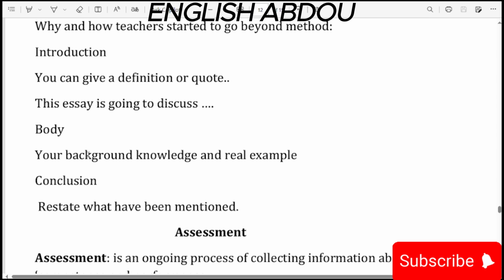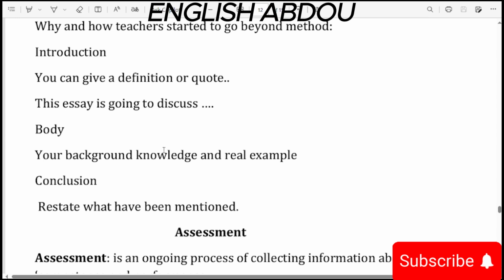For example, the grammar translation method focuses more on memorization and translation. Students translate the text from their mother tongue to the target language, or vice versa, while reading it, and memorize vocabulary in an isolated way.